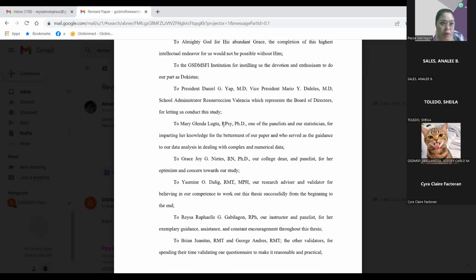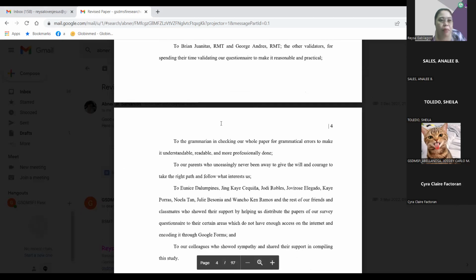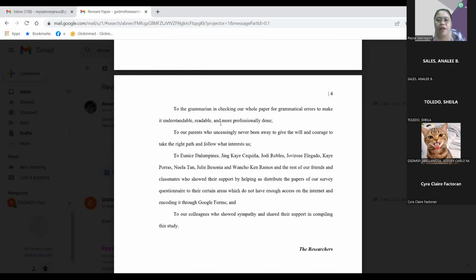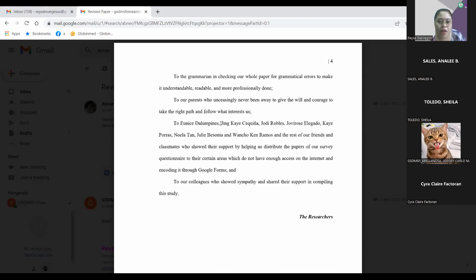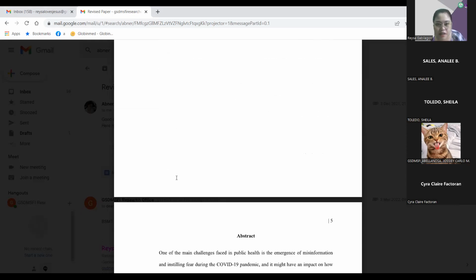This might be your respondents. You want to thank them for participating in your study, or other people na naka-help, validators, grammarian, your parents, your friends, if ever they have big contributions to the completion of your research paper. Okay? And do not forget the researchers sa last.